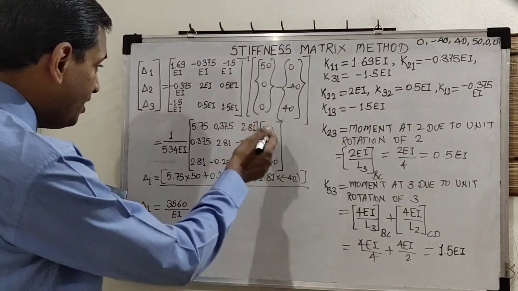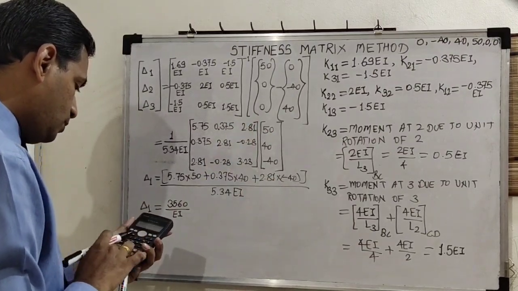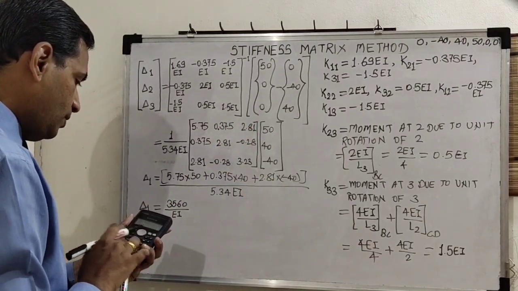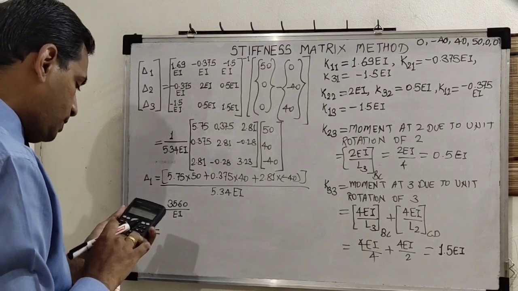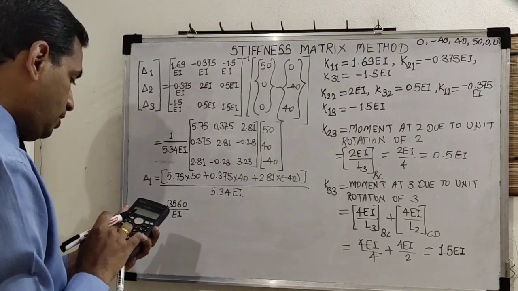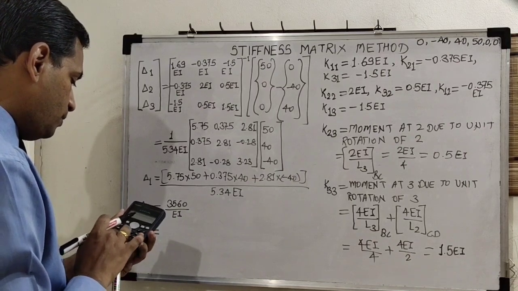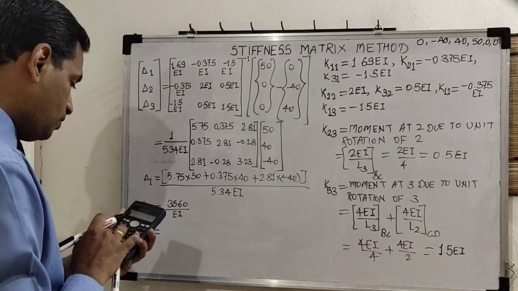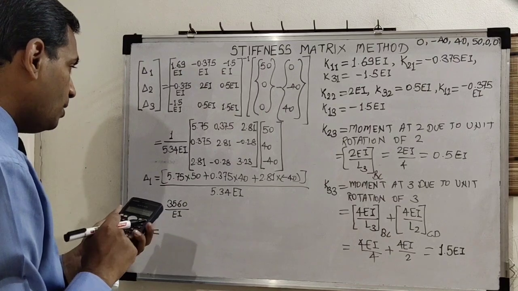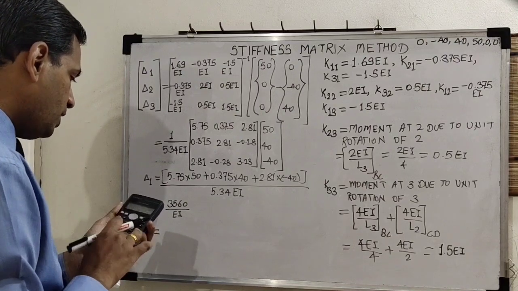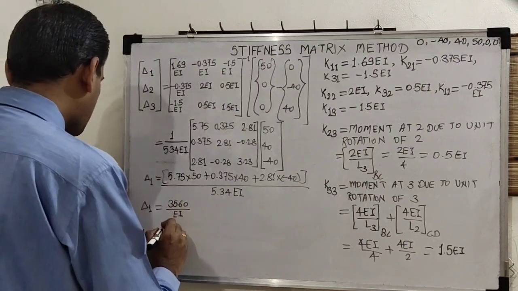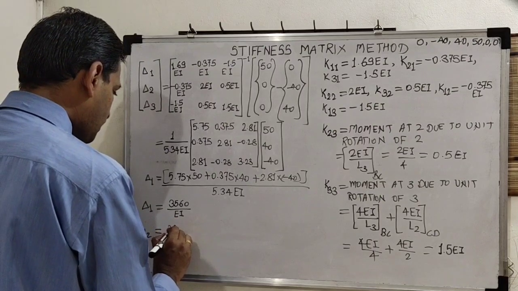Let us now calculate delta 2. Now I will calculate directly. 0.375 into 50 plus 2.81 into 40 minus 0.28 into minus 40, upon 5.34 EI. So it is 26.66 upon EI.